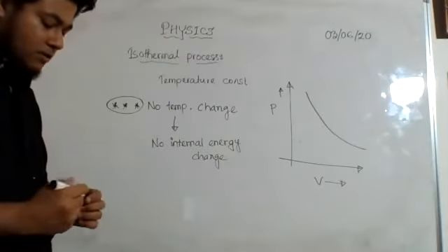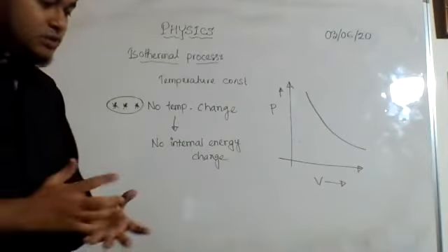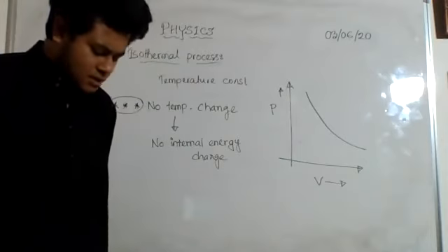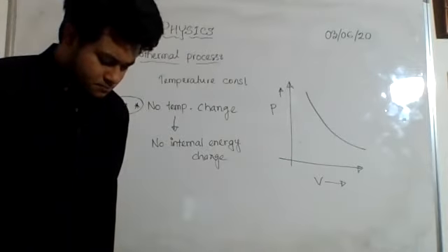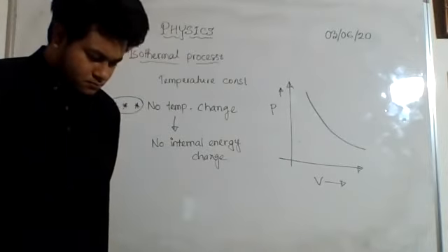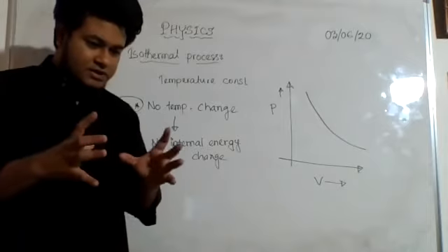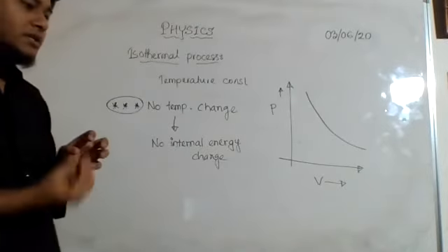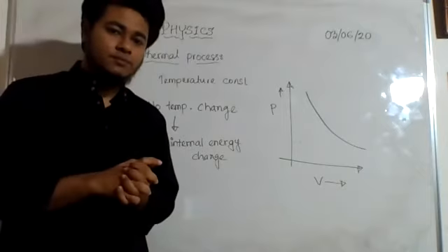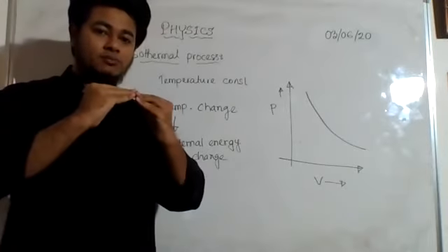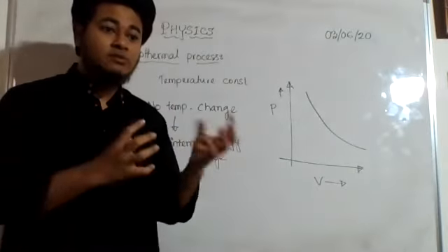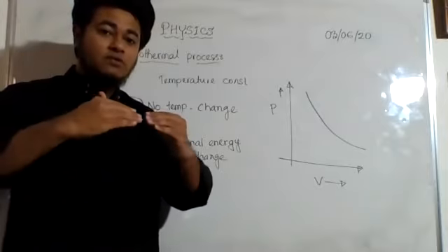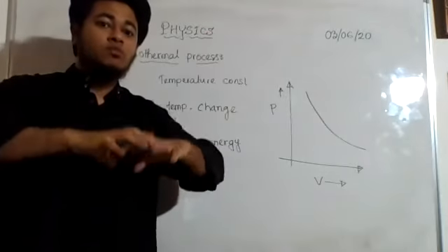Now let us take a look at this one. Let us say the gas cylinder has a particular number of molecules. Now you are heating it. What is supposed to happen? If you do not let it expand, the collisions between them will increase. But if you let it expand, now it has more space.